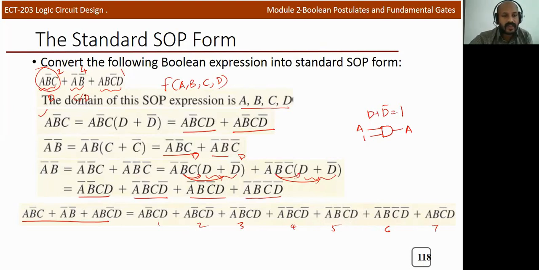So the 3 terms we can expand into 7 terms, and all the product terms contain all the variables A B C D. Here if you verify this, you can see that all the terms contain A B C D. This kind of expression is known as the standard SOP form, which is different from simple SOP. If it is not in standard SOP, it's known as SOP expression.